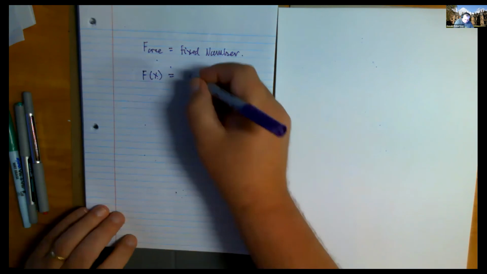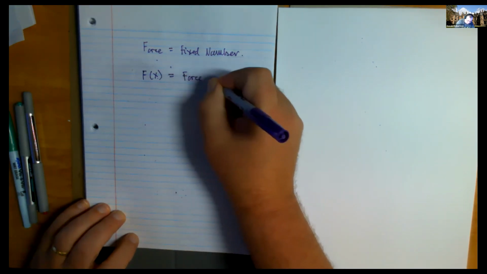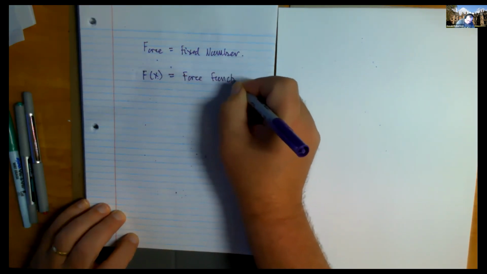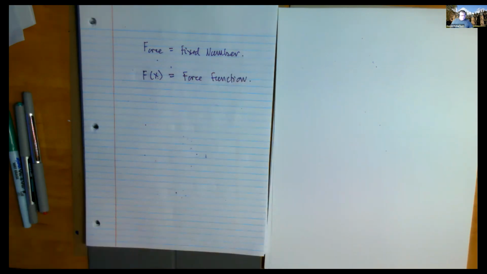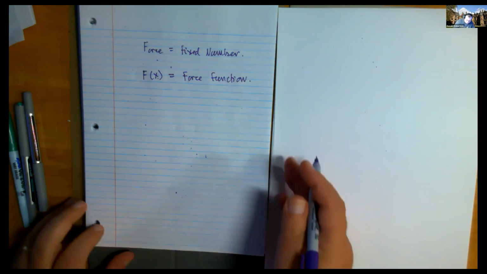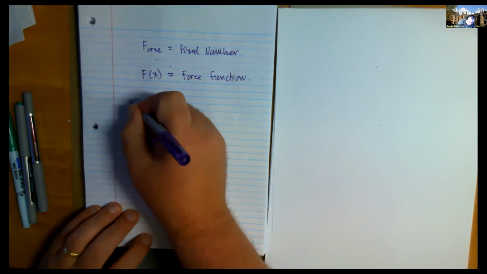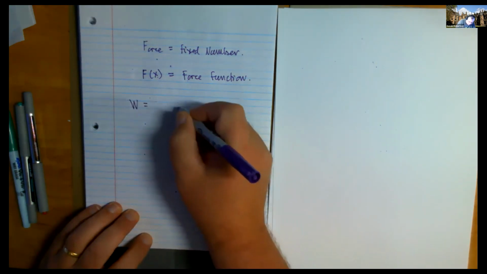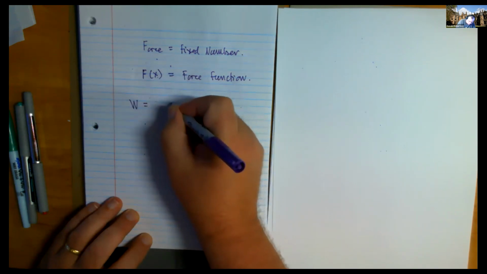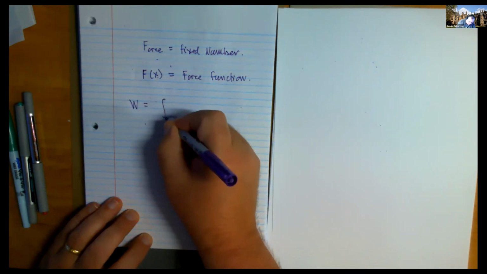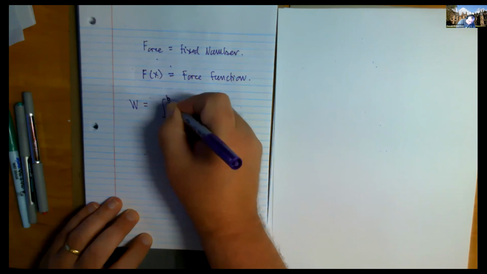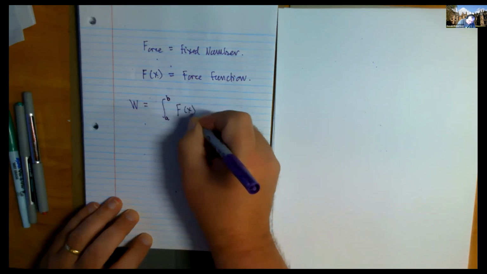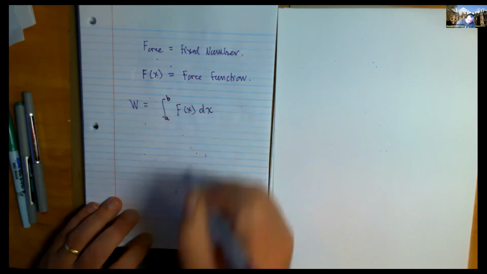How do we calculate the work done now? So this is called the force function. And the work done in moving an object with this force function from position x equals A to position x equals B is just that.